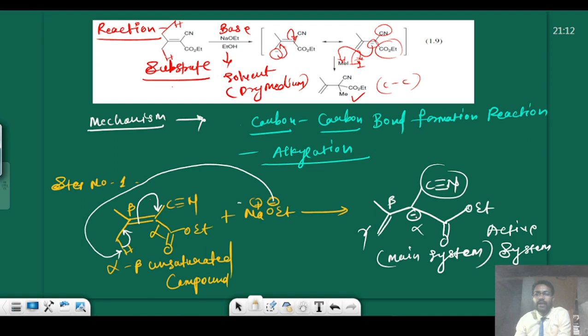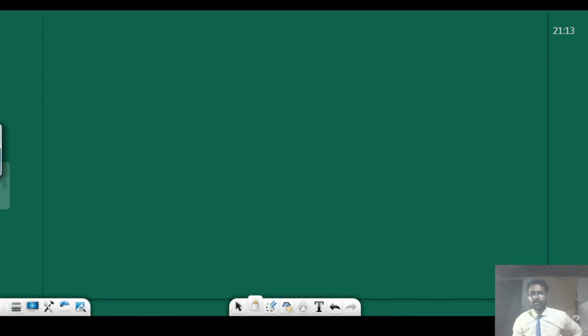It will attack from the alpha side, because here the anion is much more stable. So the anion will not do further conjugation; it will itself attack from this side. This is our main system, the active system. It will attack from the alpha carbon. So let us discuss the next step in the new slide. So what we have generated, step number two.